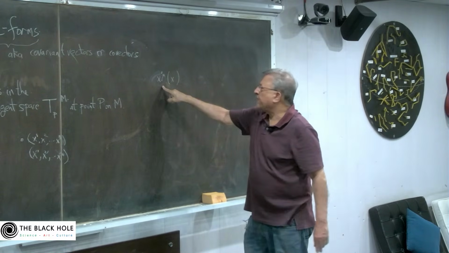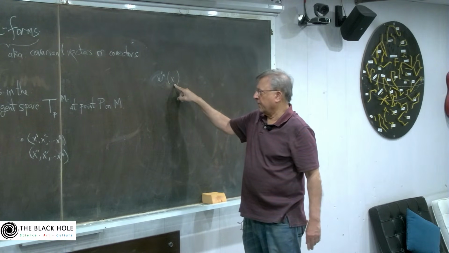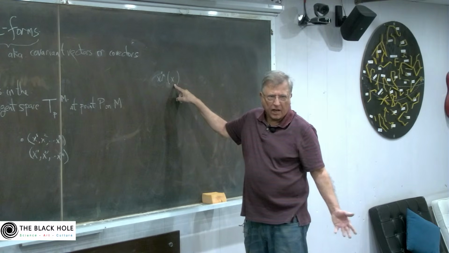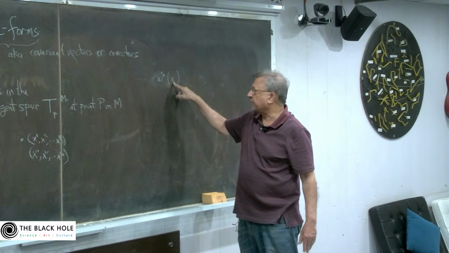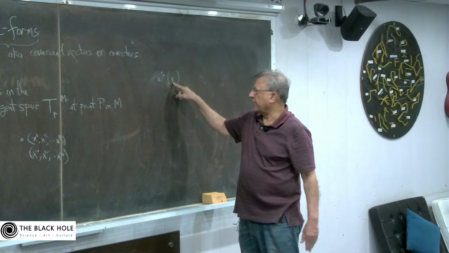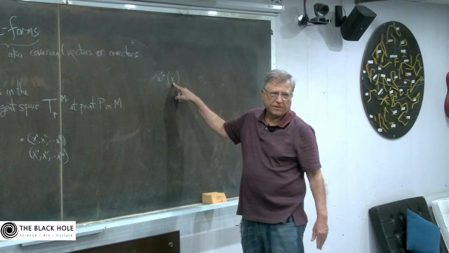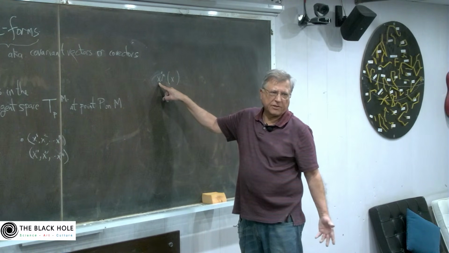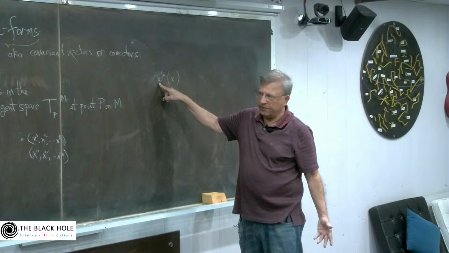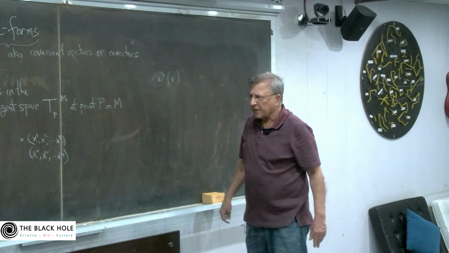So the primed coordinates and the unprimed coordinates, for each set x over here, let's say theta, phi, there'll be a certain value here.